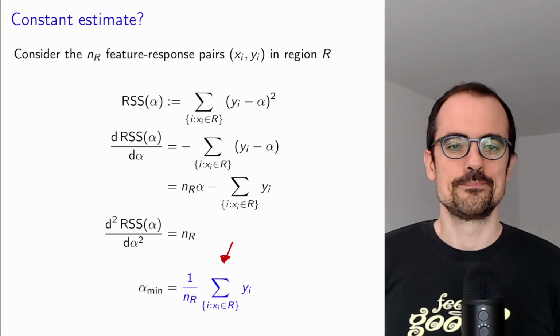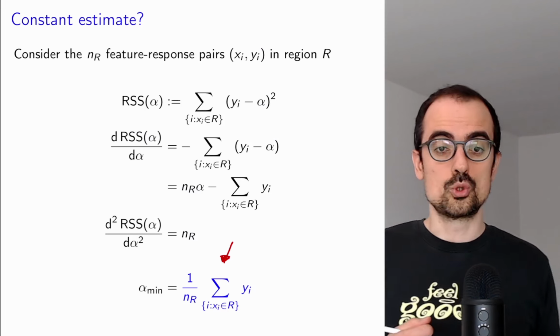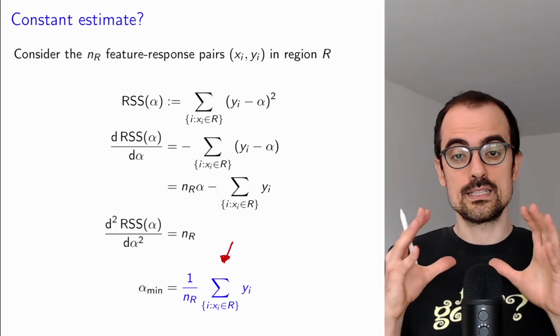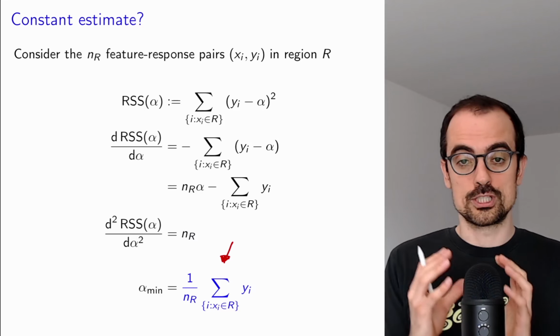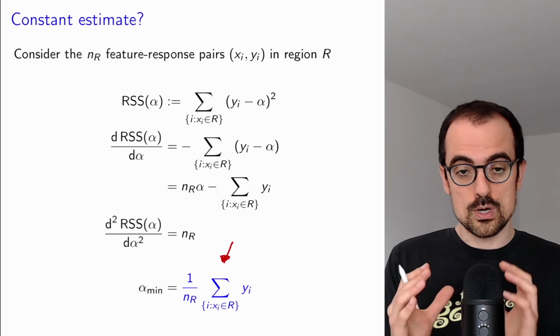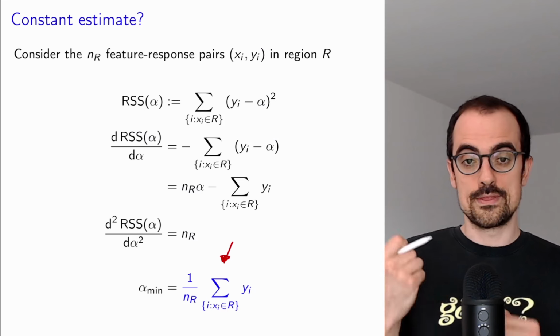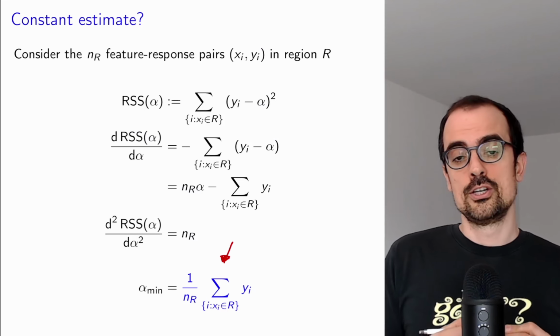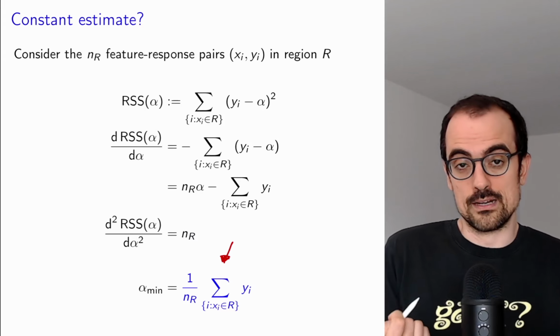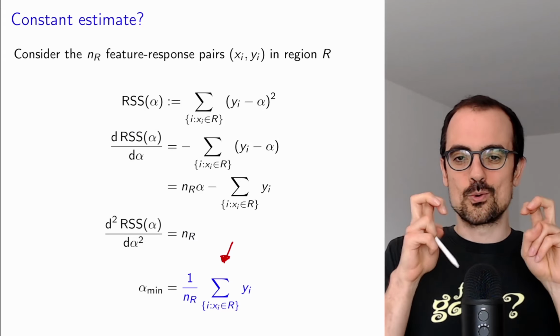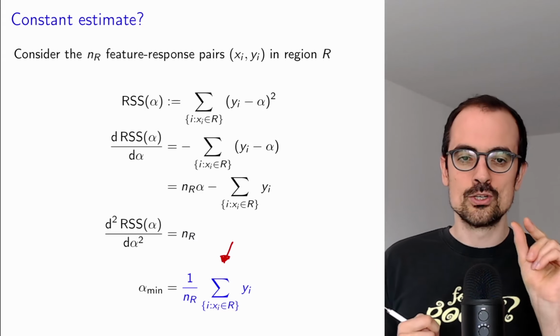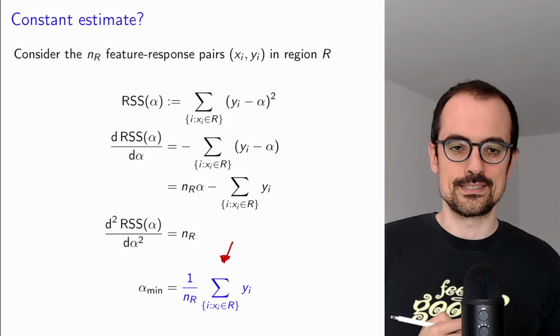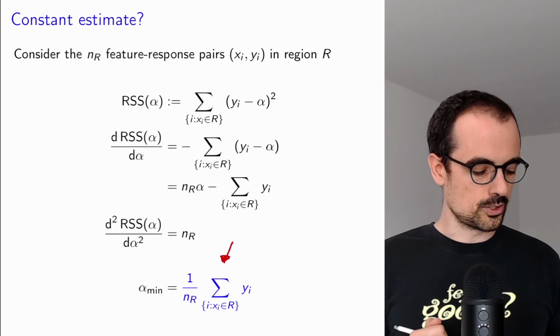And this is also true when we go to a data set. If you have a data set and you want to approximate it in terms of residual sum of squares, which is an approximation to the mean squared error, with a single number, then you should use the mean. This is the ordinary least squares estimator if you're just allowed to use one constant. Okay, so this should not be surprising.